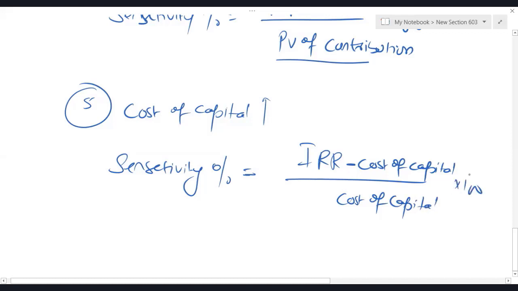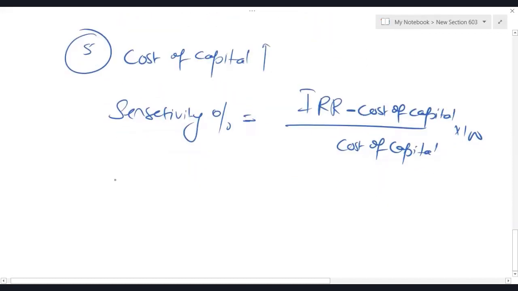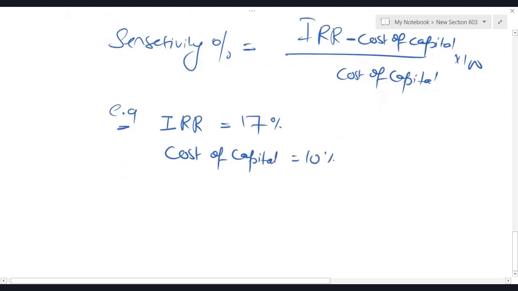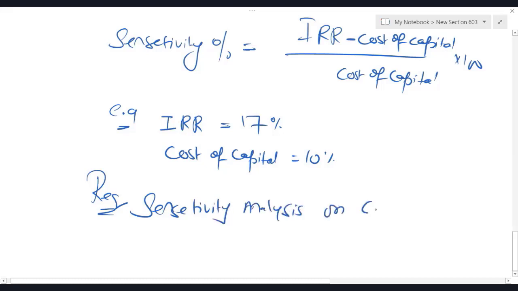into 100. For example, if I just give you the example, if project's IRR is, let's say, 17%, cost of capital is 10%. An examiner is asking us to perform sensitivity analysis on cost of capital.